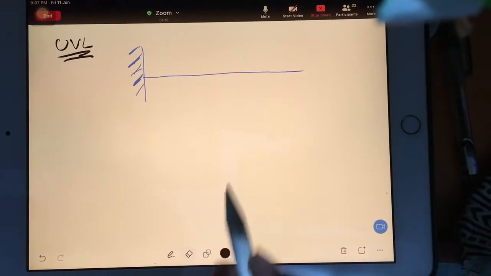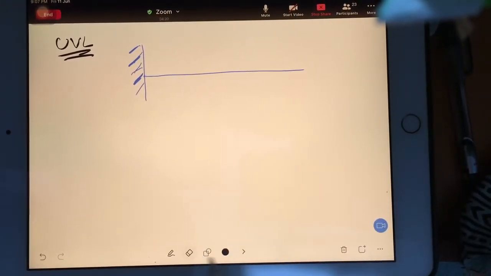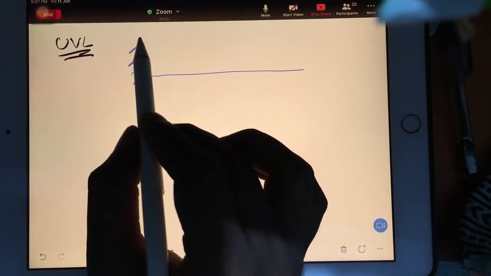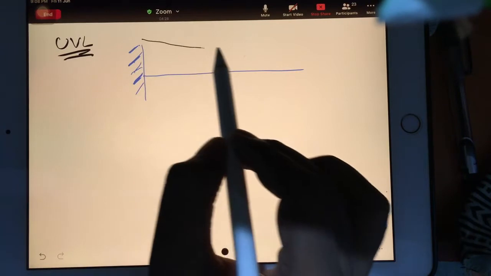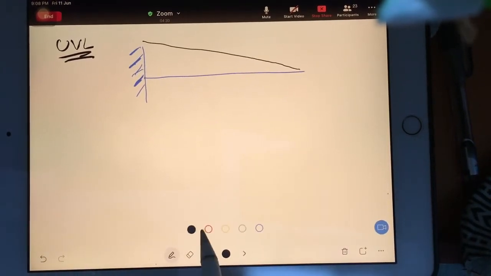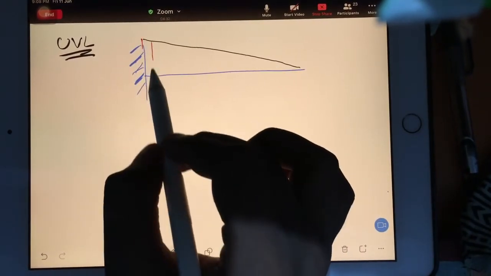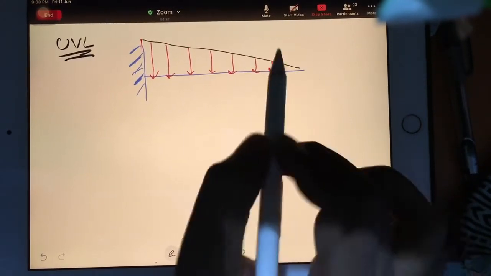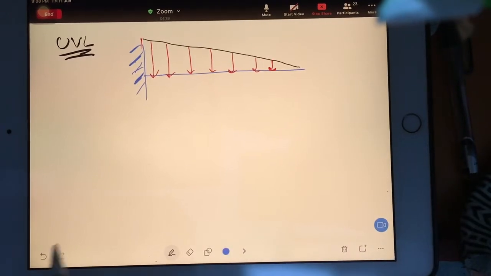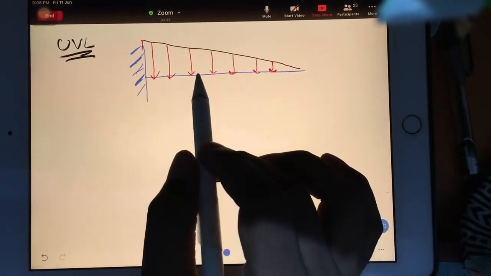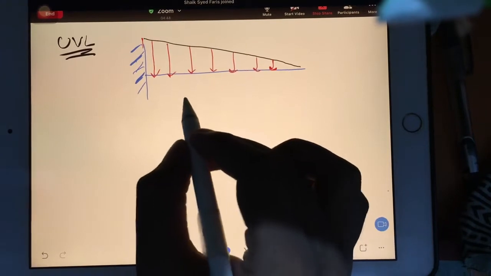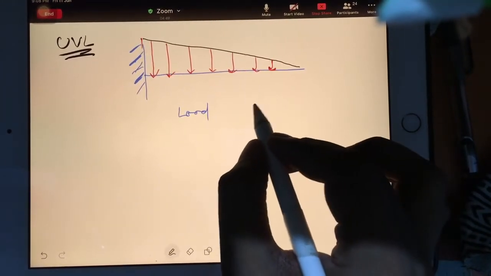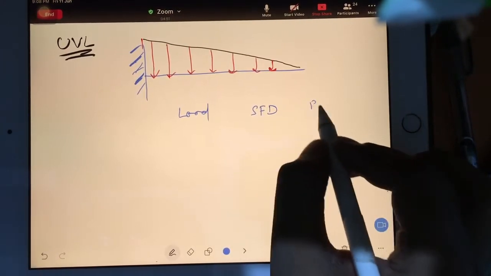Now see, I am taking a UVL of this type. You just put arrows downward. In this type of loading, there is something called load, something called SFD, and something called BMD.